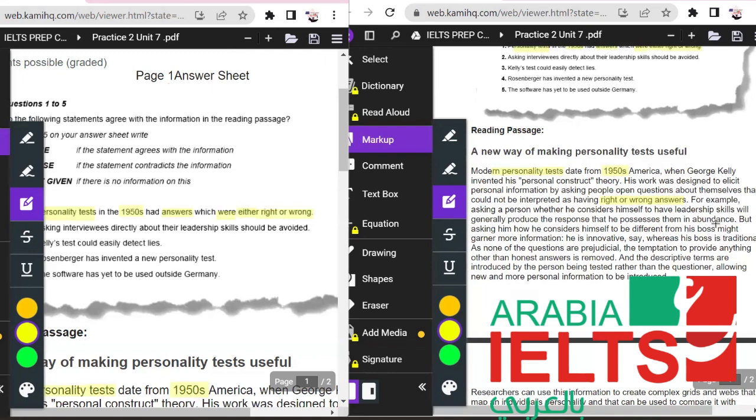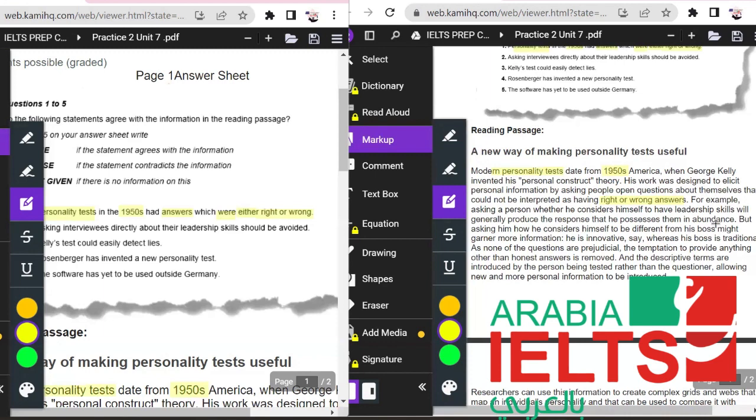If you ask, okay, do you have leadership skills, people will generally respond automatically that they have these skills in abundance. But asking them how they consider themselves to be different from their boss might give you the type of information that you really need to understand if they have leadership skills or not.